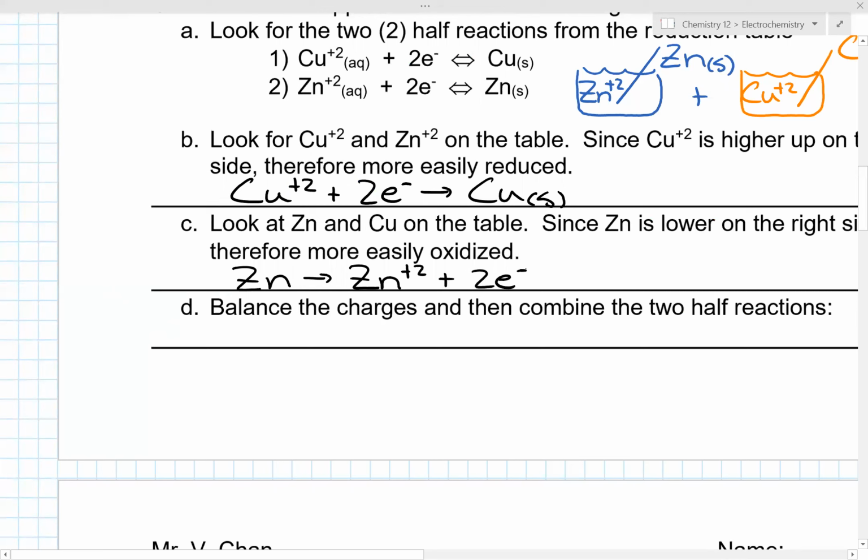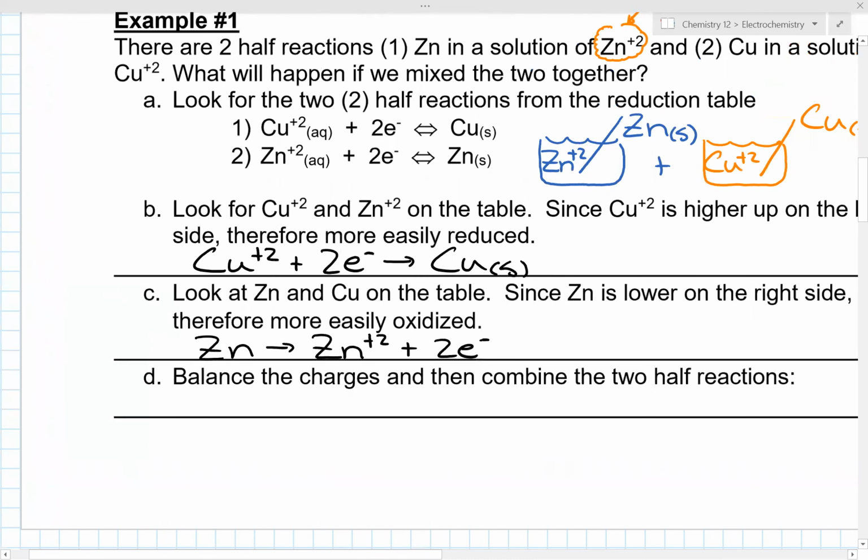Now, this step that I did with the zinc is actually kind of redundant. The reason being is because if copper 2 plus is better at reducing, basically the zinc has no other option except to oxidize. Okay, so that's something that you could think of. So step C, where I look at zinc and copper on the table, is kind of a redundant process, because if I know that copper 2 plus ions is better at reducing, then the zinc must be better at oxidizing.